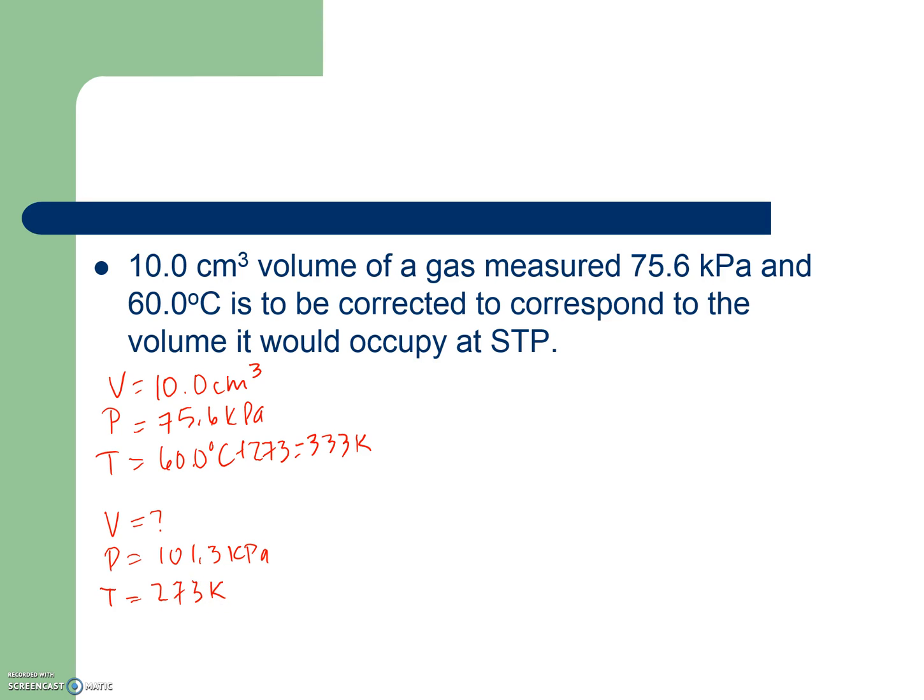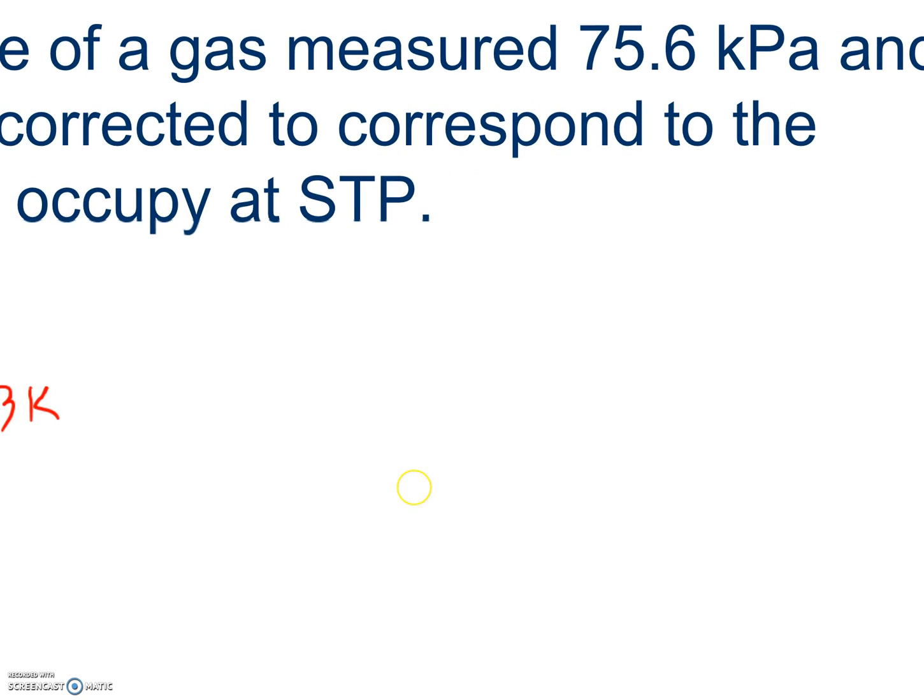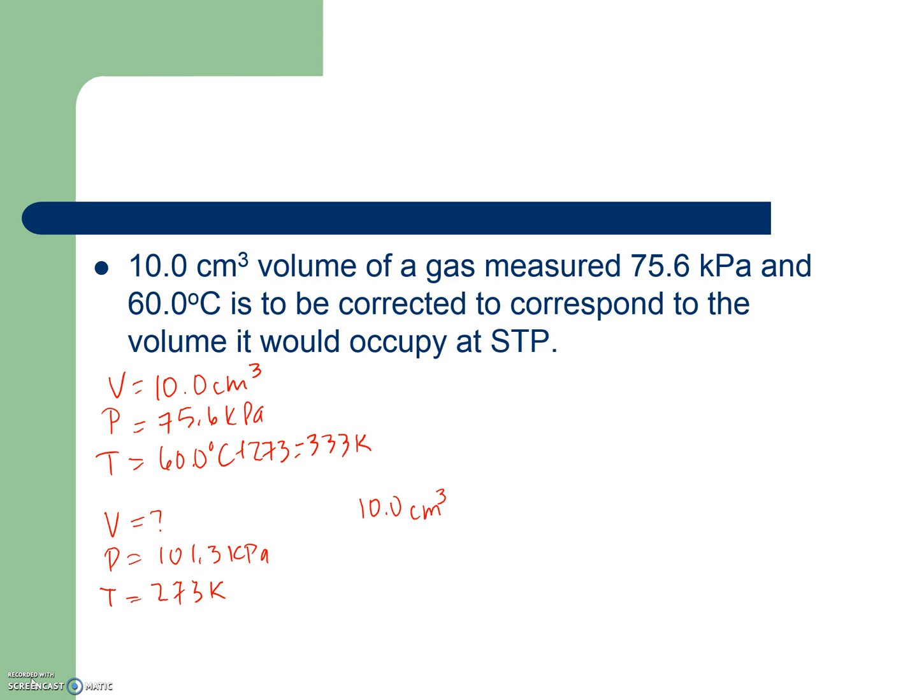Since I'm looking for volume, I'm going to start with volume, which is this 10 centimeters cubed, and I have to take into account both of my variables. I know my relationship between volume and temperature is direct. So I'm going to address them individually, starting with temperature.